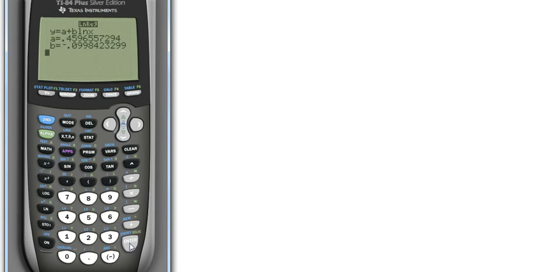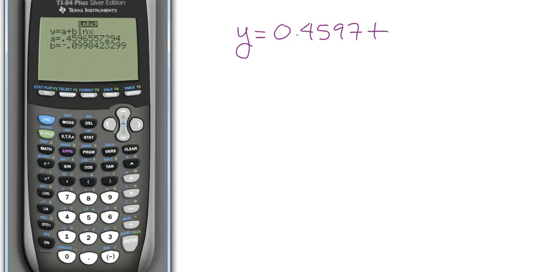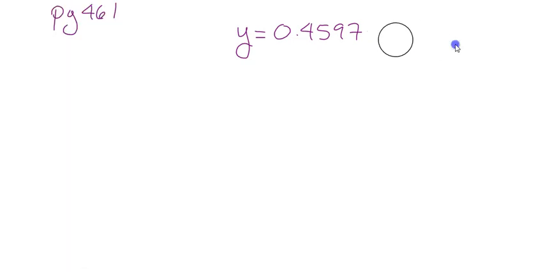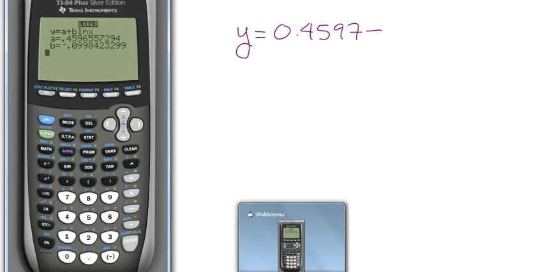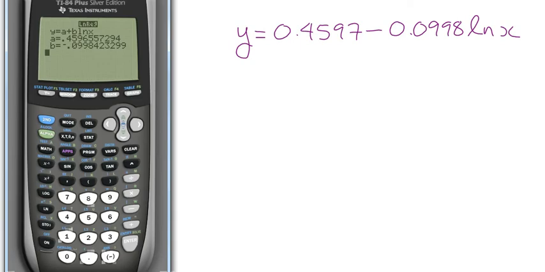Okay, and the equation we get is y equals 0.45, all right, so let's go to 4 decimals, 0.4597 minus 0.0998 ln x.